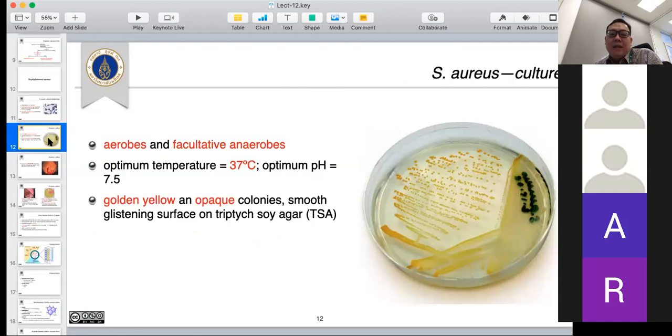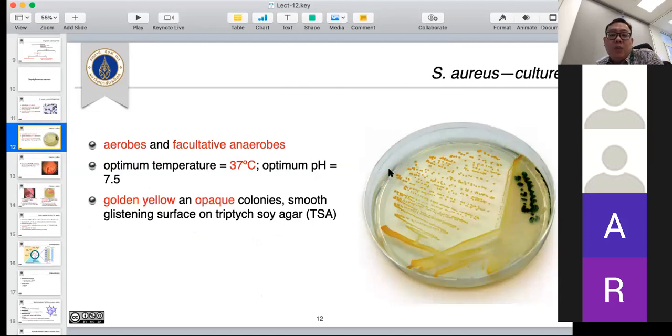In TSA, tryptic soy agar, you probably need to culture at 37 degrees Celsius at 7.4, 7.5 pH. They are aerobic and facultative anaerobic.